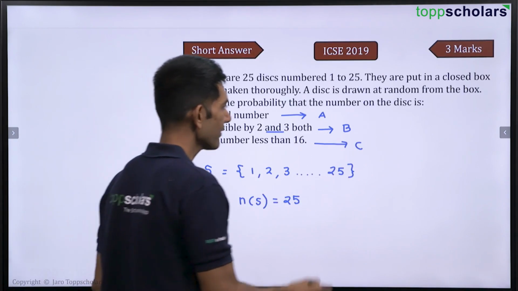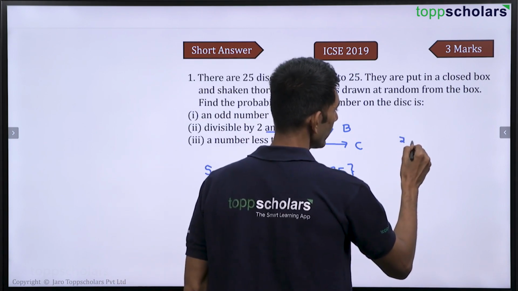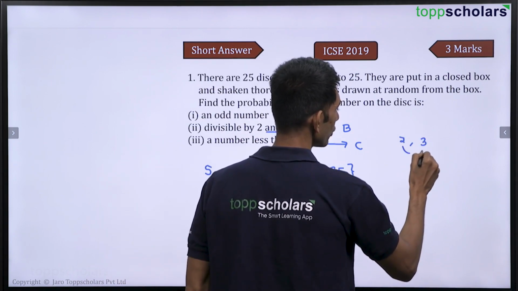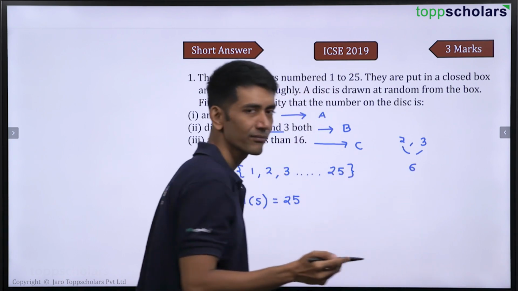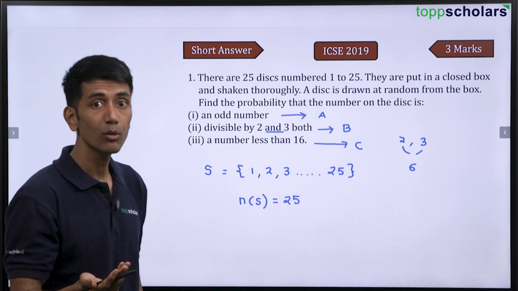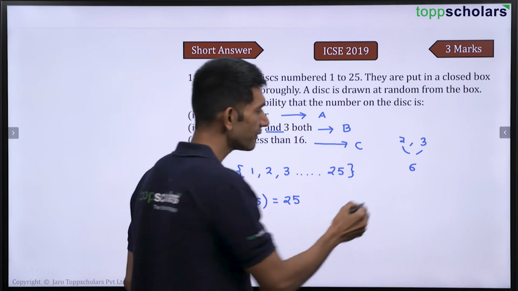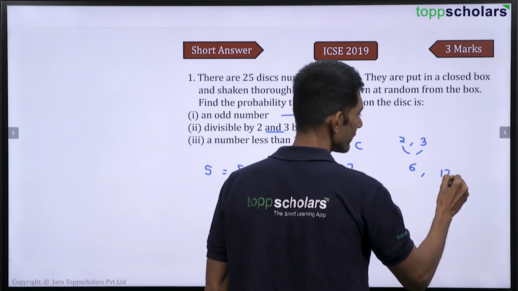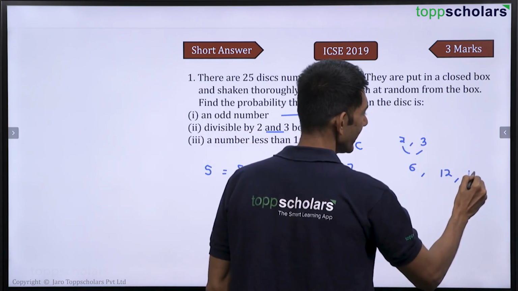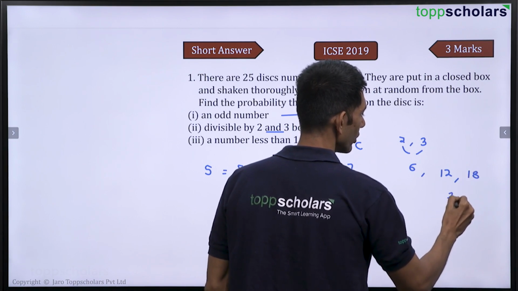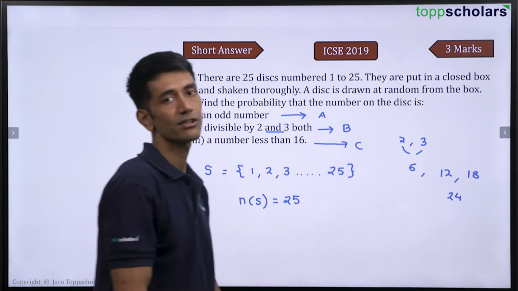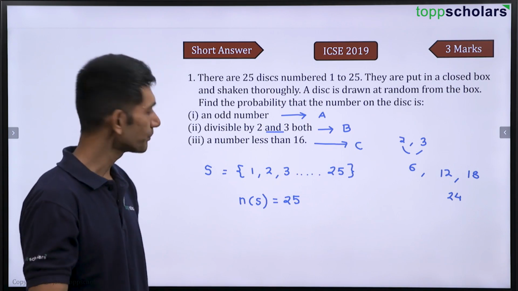So can I say, if it has to be divisible by 2 and 3, ideally it should be divisible by 6. Obviously, 2 and 3 both. So 6 is the first number. Then can I say 12 is divisible by 2 and 3 both. Then 18 and then 24. So these are the 4 numbers divisible by 2 and 3 both.